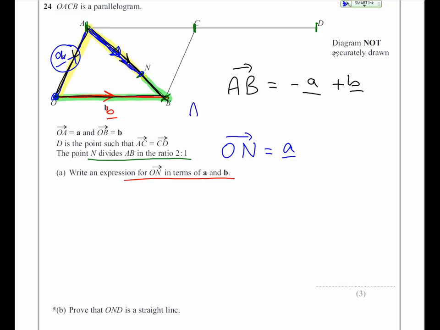That's saying that to get from A to N, you go 2/3 of the way along from A to B. So it's 2/3 of each.